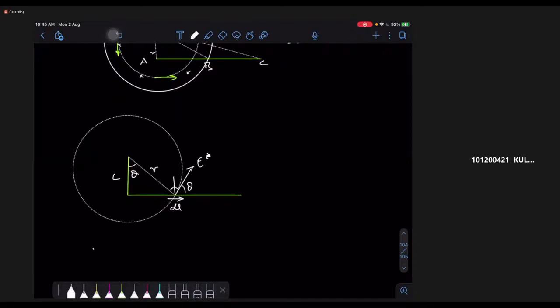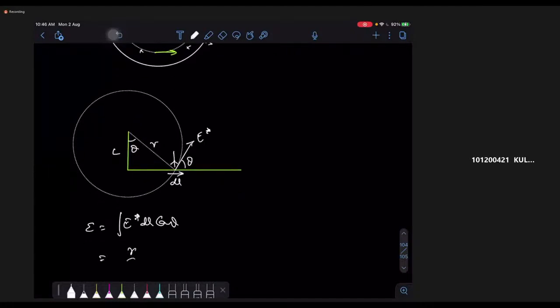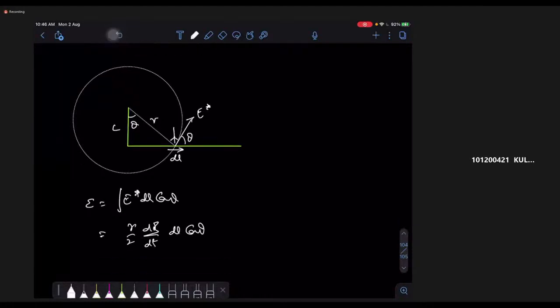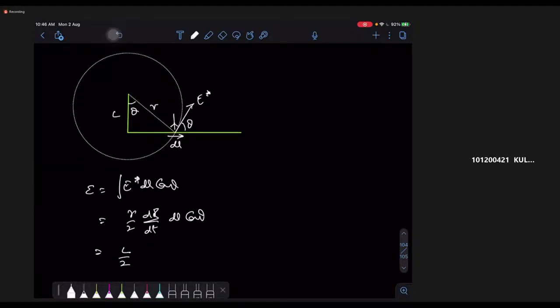So if you write here, my EMF will be E star dl cos theta. For the inside part, it is R by 2 dB by dt dl cos theta, right? And what is R cos theta? R cos theta is equal to L. So L by 2 dB by dt is alpha, and you have the integral only on the dl's.